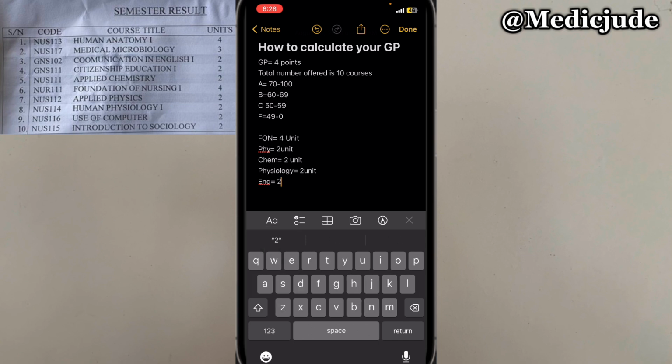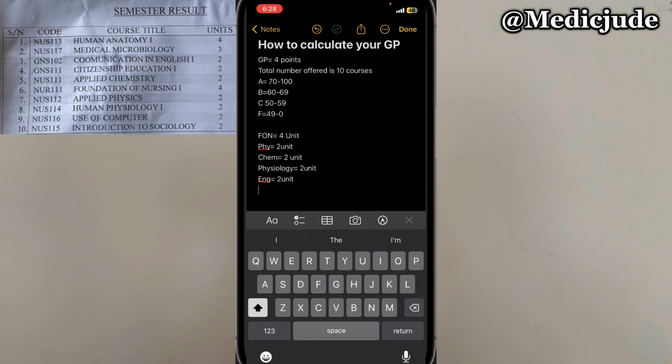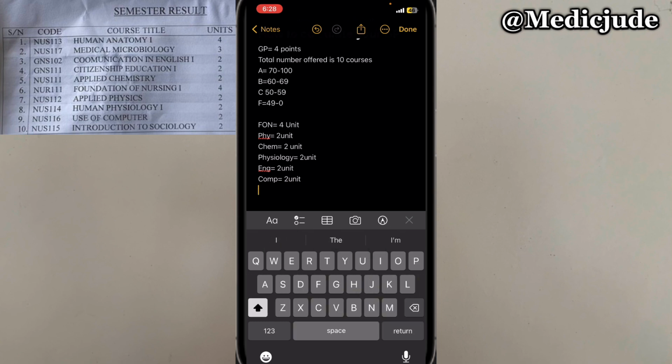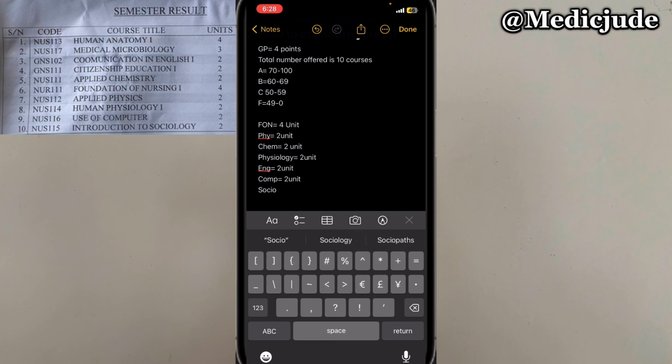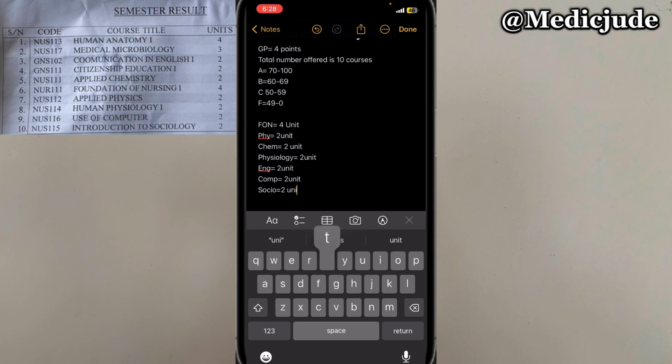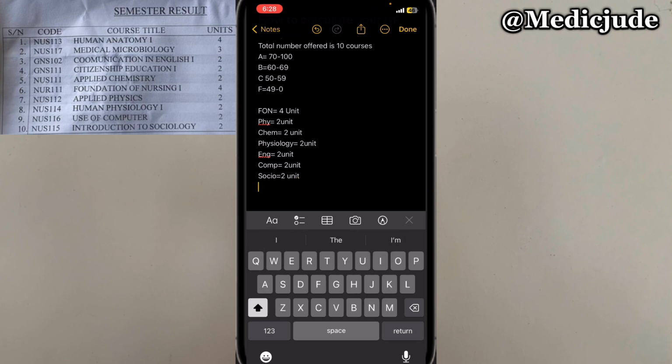Then after that you're having computer, use of computer. That's 2 units also, so it's a 2 unit course. The next one we're having is sociology. Sociology is also a 2 unit course. The next one on our list here is microbiology.